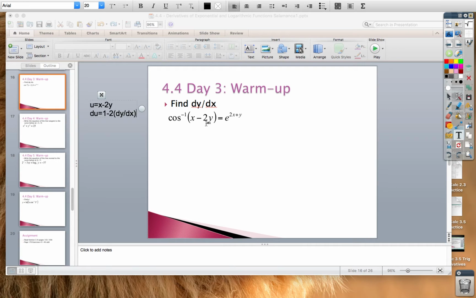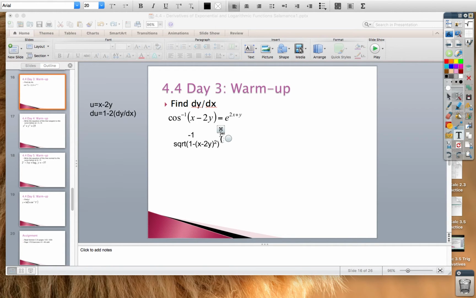So we're going to go ahead and start with this now. This becomes negative 1 divided by the square root of 1 minus x minus 2y quantity squared times du.